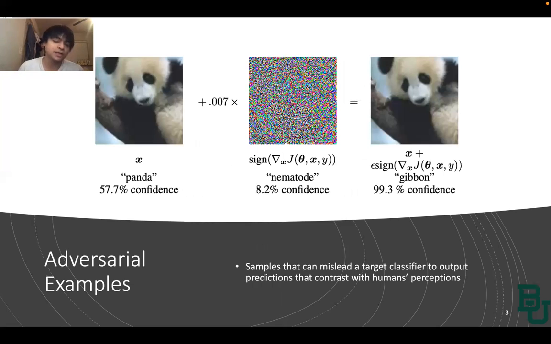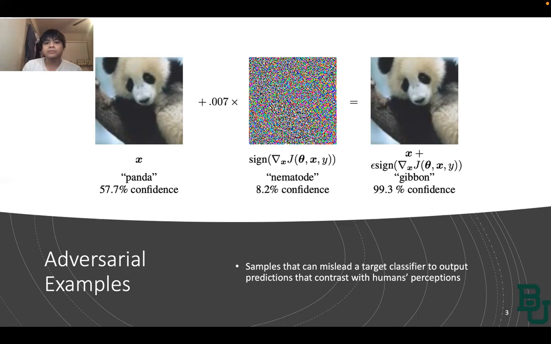The second thing that you need to know for this presentation is adversarial examples. An adversarial example is just a sample that can mislead the target classifier, such that the output prediction is in contrast with human perception. For example, you can see this image is a panda, right? At first, the classifier classified this panda with 57.7% confidence.